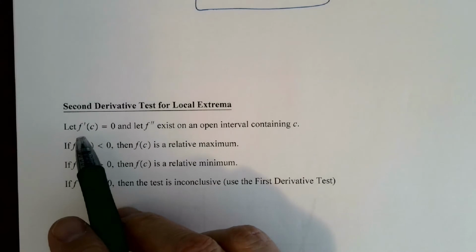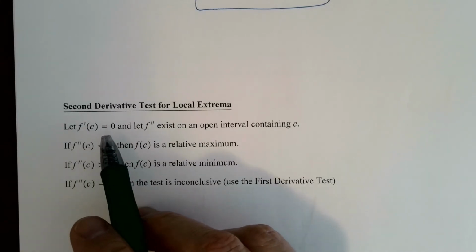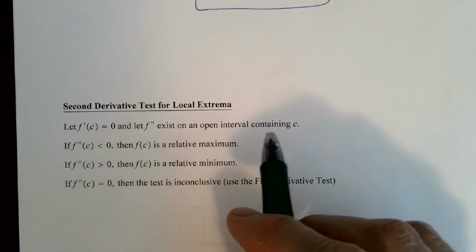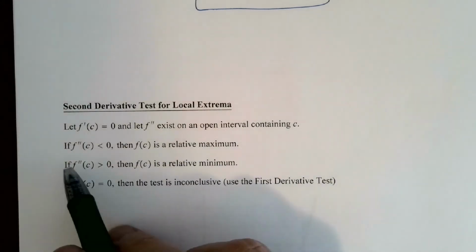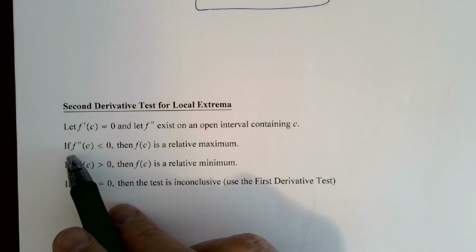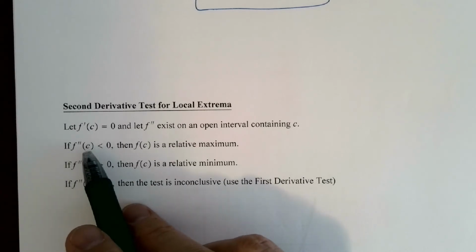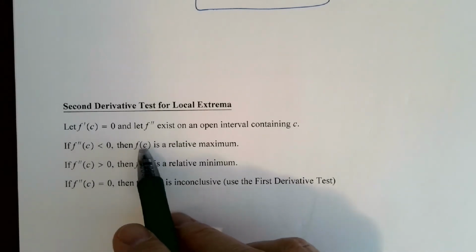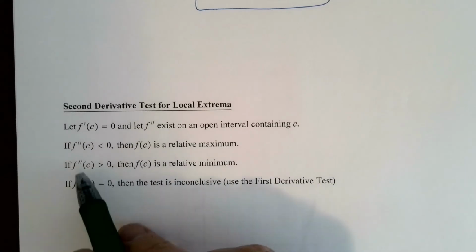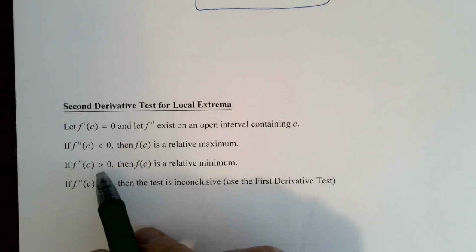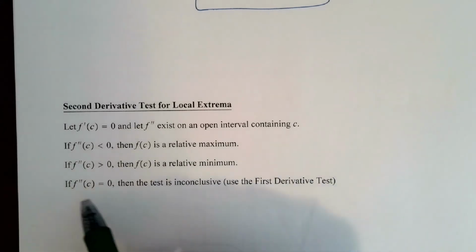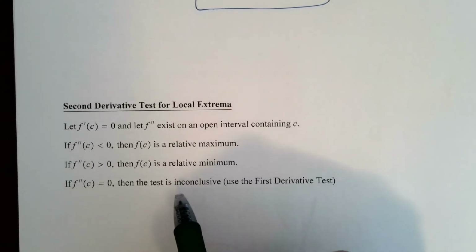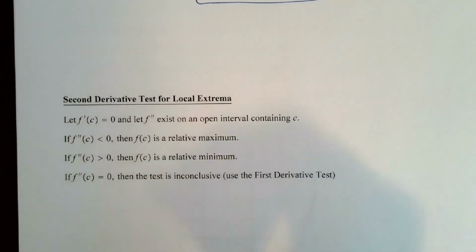If the derivative at a point C is 0, and the second derivative exists on an open interval containing that value of C, then if the second derivative at C is less than 0, then f of C is a relative maximum. If the second derivative at C is greater than 0, then f of C is a relative minimum. And if f double prime of C is equal to 0, then this test is inconclusive. In other words, it doesn't tell us any information. We would have to use the first derivative test that we talked about before.